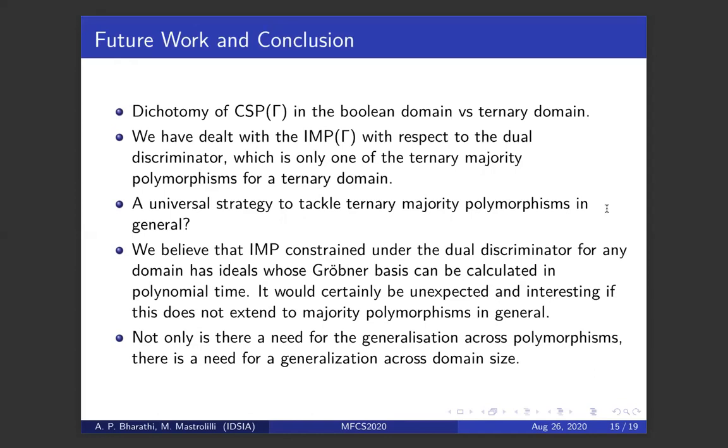We ask if there's a universal strategy to tackle ternary majority polymorphisms in general. We also believe that it could be possible to extend our results regarding the dual discriminator polymorphism to a domain with k elements, where we might only have to look at relations of arity k, just like how in this paper we only had to look at relations of arity 3.